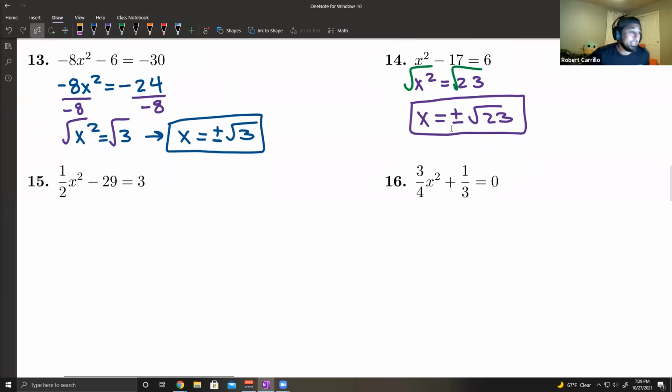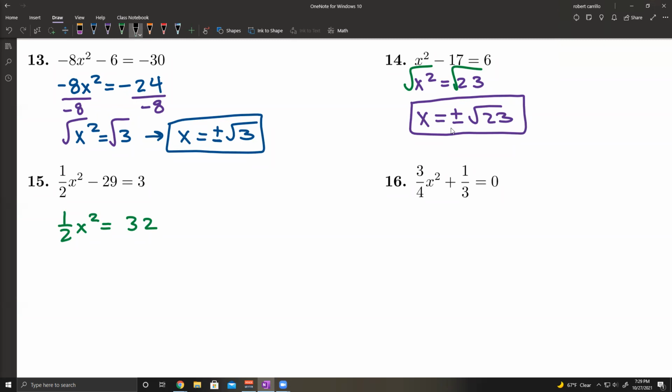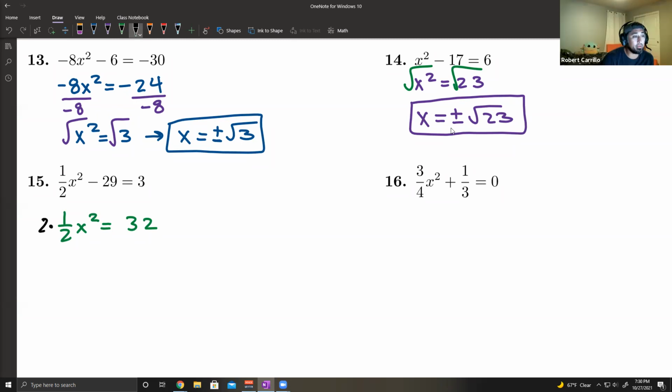Fractions, yeehaw. All right, 15. 1/2 x squared minus 29 equal to 3. Add that 29 over, and you get 1/2 x squared equal to 32. Now you can divide by 1/2, or multiply both sides by the reciprocal. Reciprocal, so we're going to multiply both sides by 2.